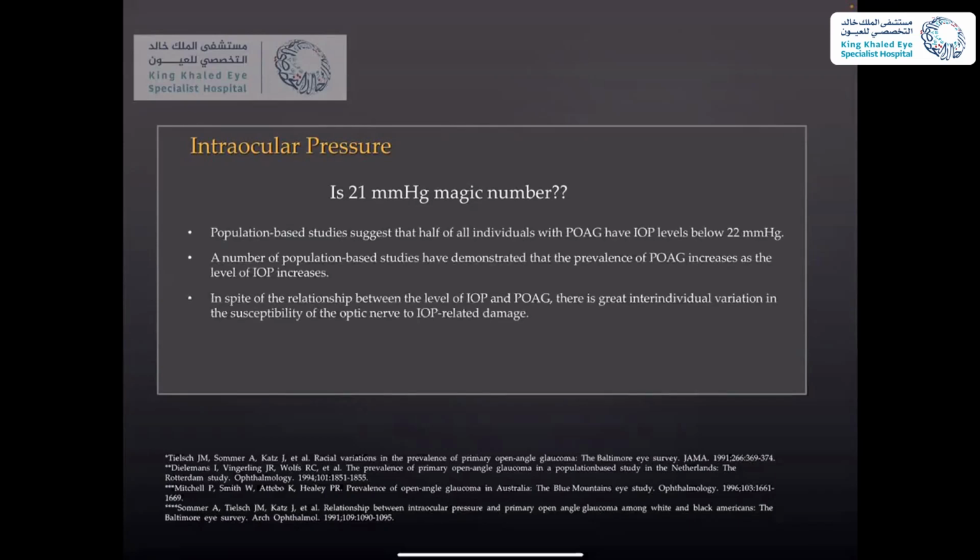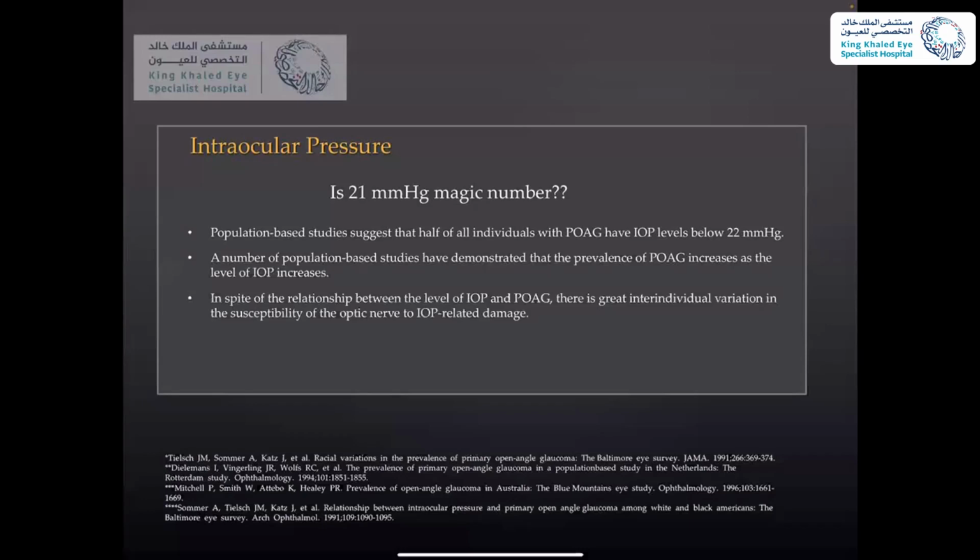While in the studies, population-based studies suggested that half, 50%, of all individuals with primary open-angle glaucoma have an IOP level below 22 at the first visit.